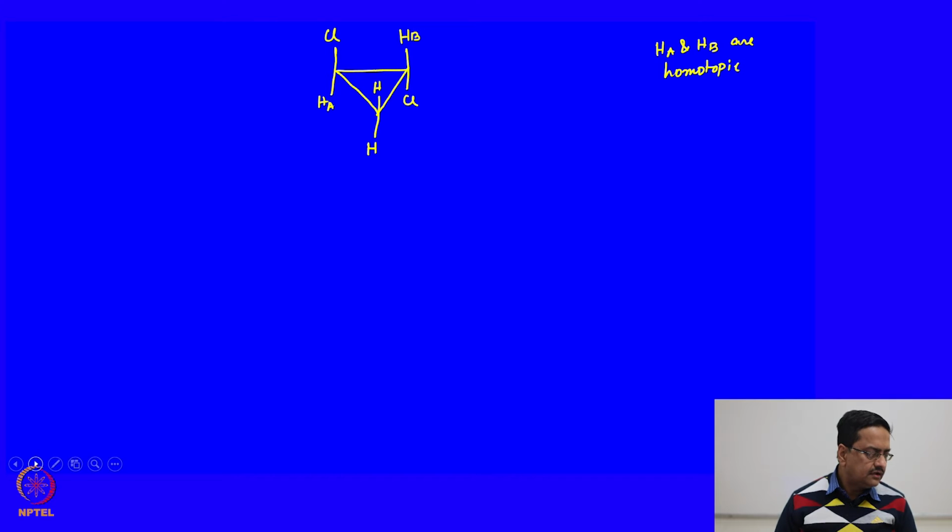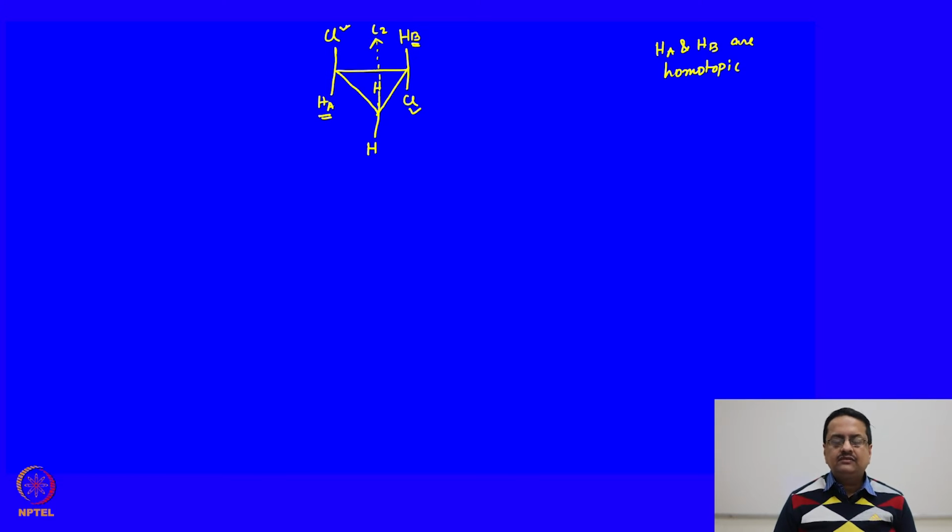Why? Because HA and HB can interchange their places if I rotate the molecule through this C2 axis: this hydrogen will go there and this chlorine will come there, and the molecule will remain unchanged.